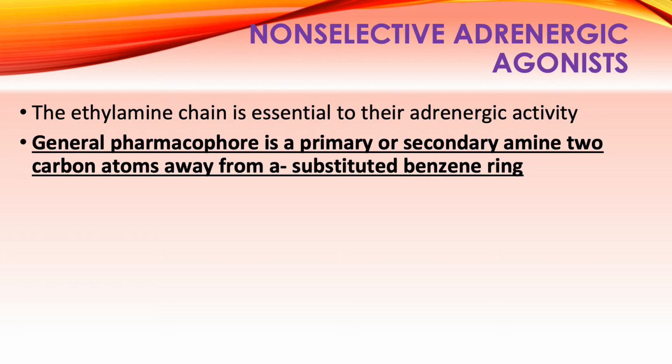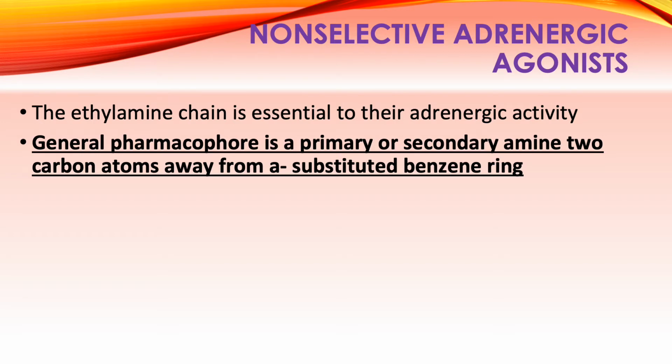Further modifications can result in selectivity and specificity on the receptor it acts on, or it can cause the other way around, such as antagonism. So we refer to beta-phenylethylamine as the general pharmacophore for adrenergic agonist activity.